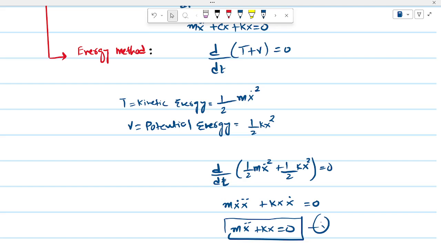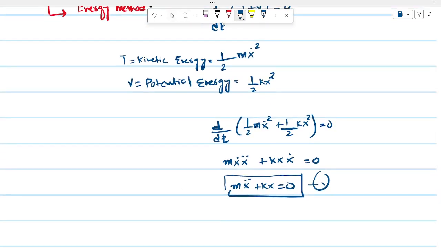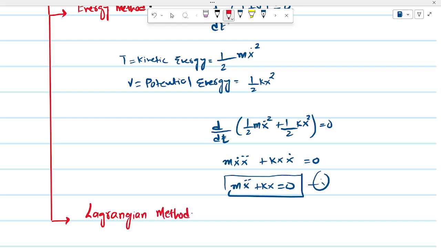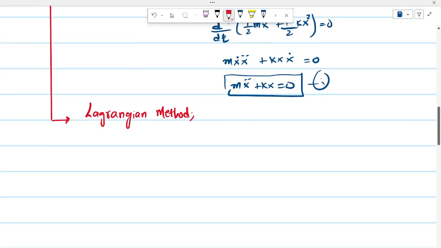Another method is the Lagrange method. It is one of the most powerful and widely used methods, especially in multi-degree of freedom (MDOF) systems. It's called the Lagrangian approach or Lagrangian method. The Lagrangian L is equal to the difference between the total kinetic energy and the total potential energy.